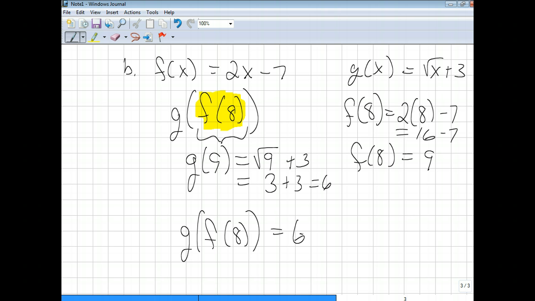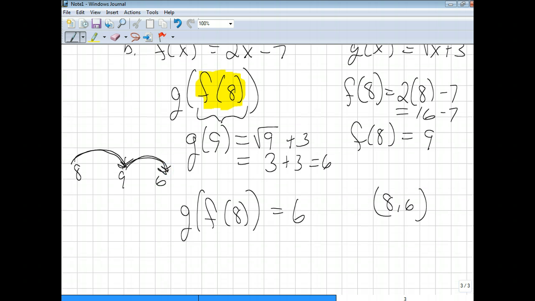And again, remember that is the ordered pair (8, 6). So it starts at 8, it goes to 9, and then from 9 it goes to 6. F took 8 to 9, and then g took 9 to 6. Okay? So that's what's happening here.